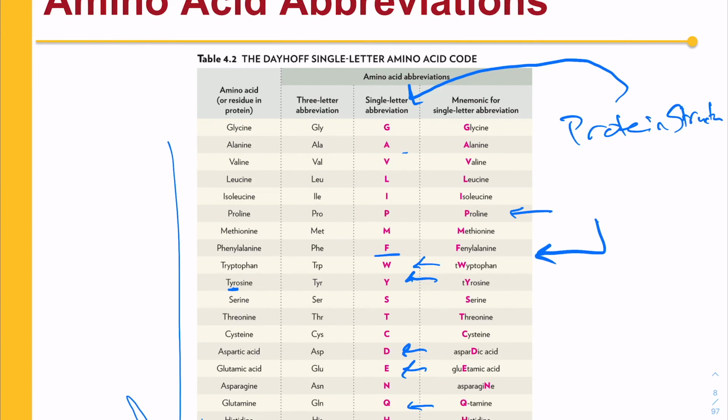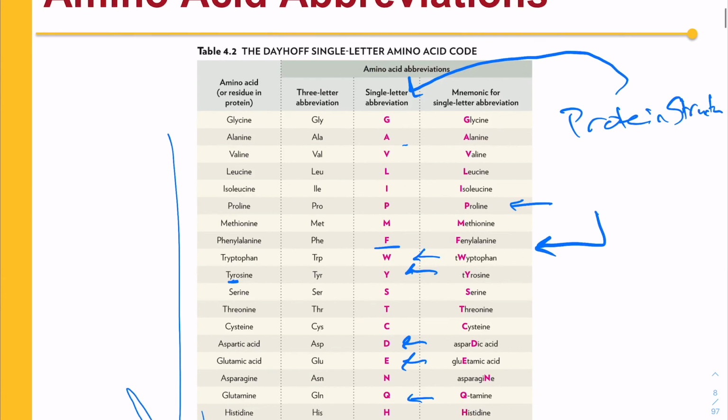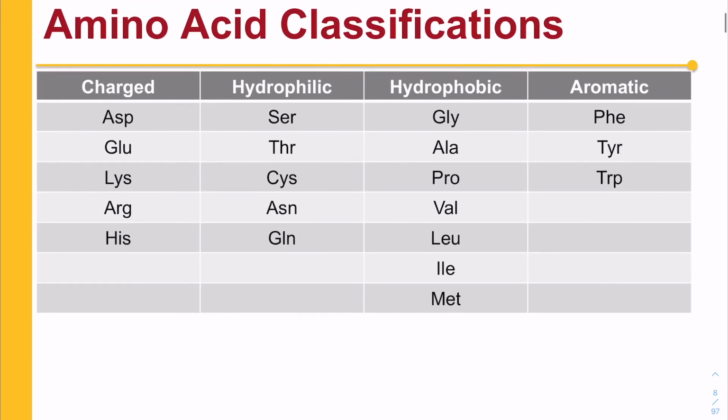Lysine here, L is used by leucine, so for lysine they just go with K because it's close to L, that sort of stuff. This is useful, I think, for me. I will tend to use the three-letter abbreviation for short polypeptide sequences, but single letter for long polypeptide sequences.